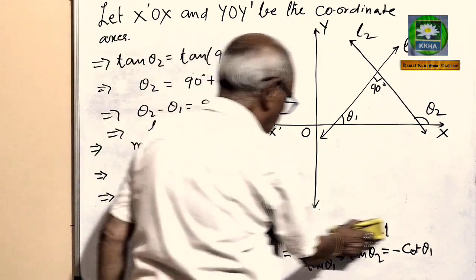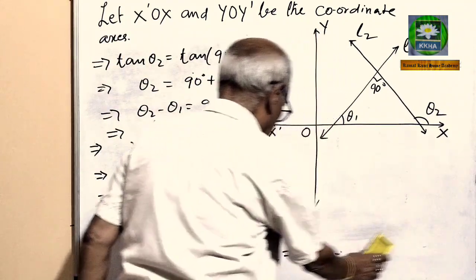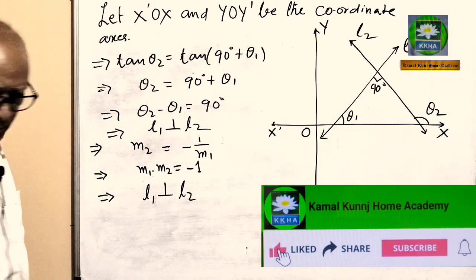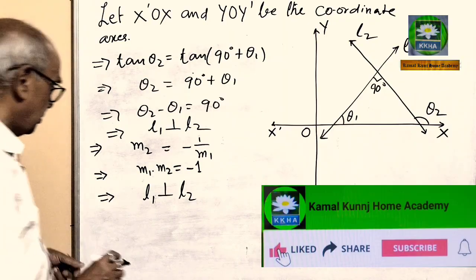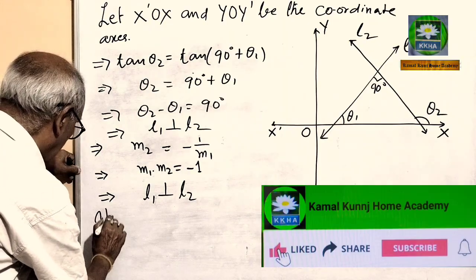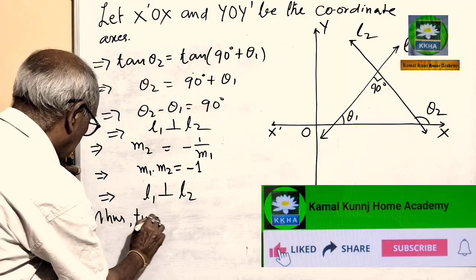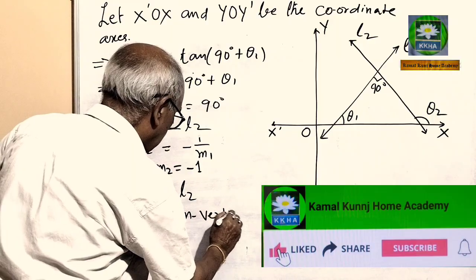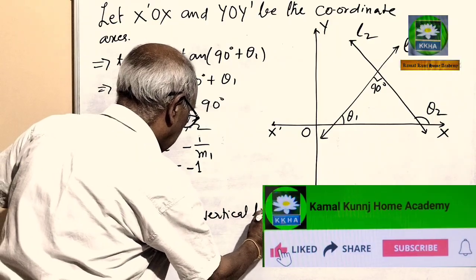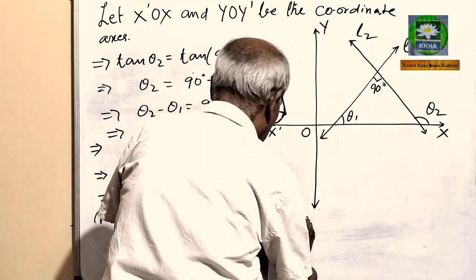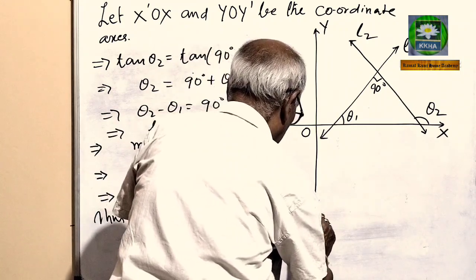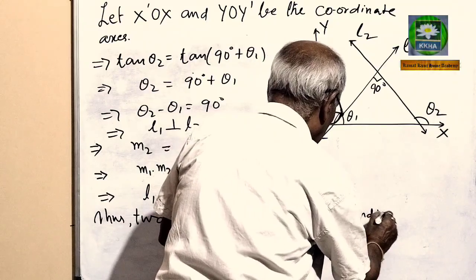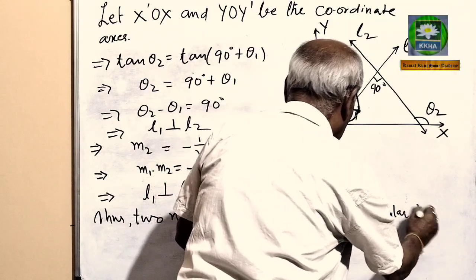Thus, two non-vertical lines are perpendicular to each other if the product of their slopes is equal to minus 1.